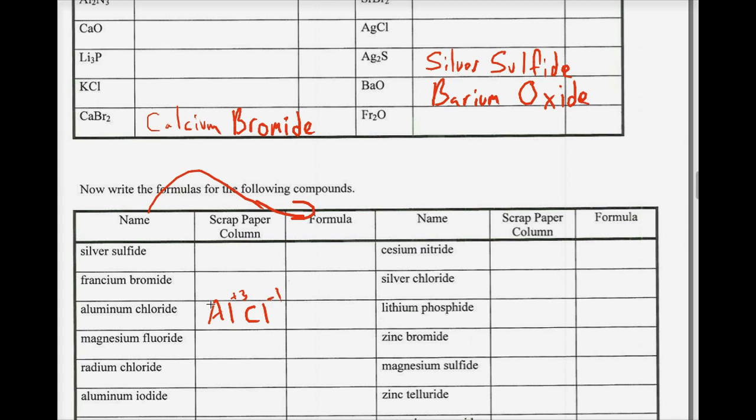What I mean by that is their charge is represented by the position in which they occur on the periodic table. There's no guesswork. It's not an unknown charge. We actually know the charge. So it's as easy as looking it up, labeling it as plus 3, minus 1, and then figuring out what achieves neutrality.